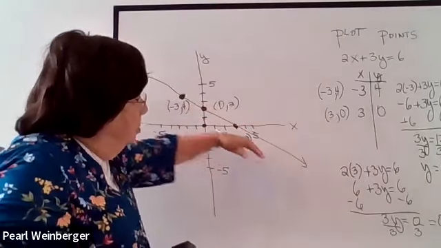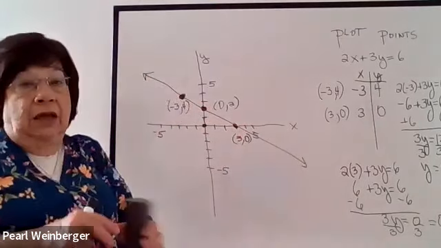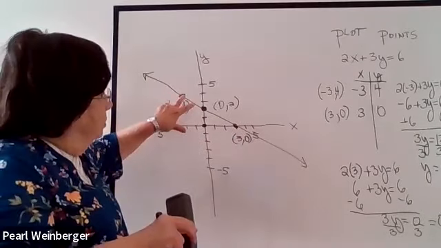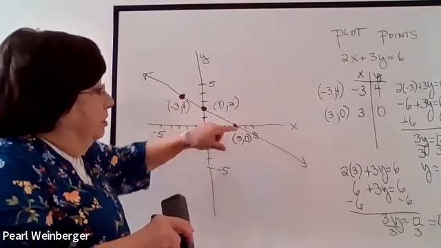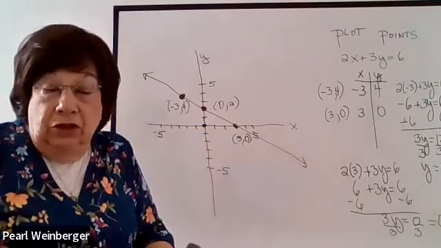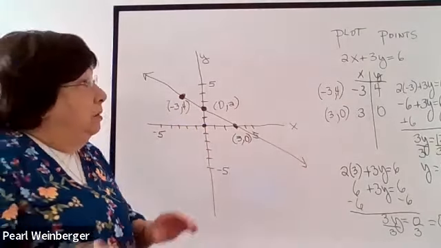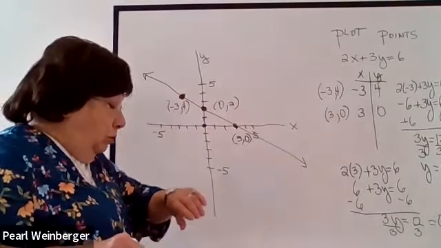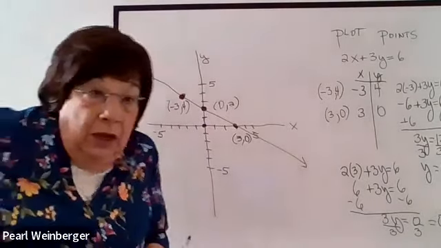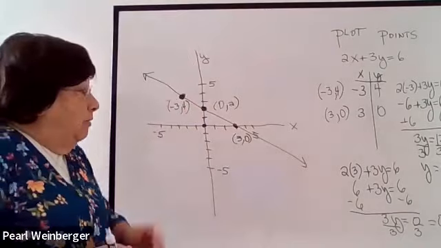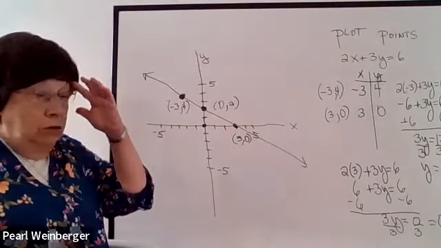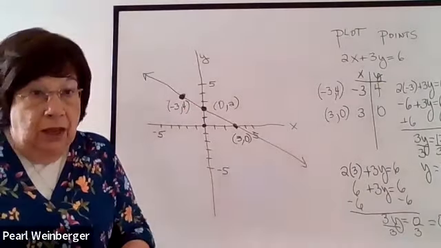But you notice, again, it would have been enough just to have 2 points. But the third point is actually a check that we've done our work correctly. This is a method called plotting points. If you want to graph a line, one way to do it is to plot points.